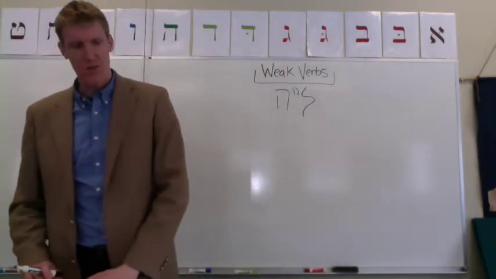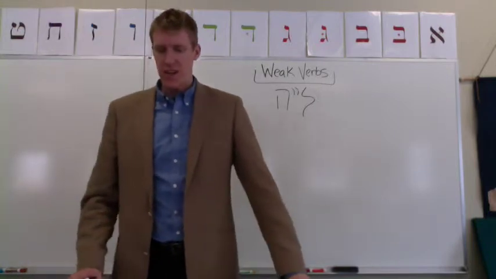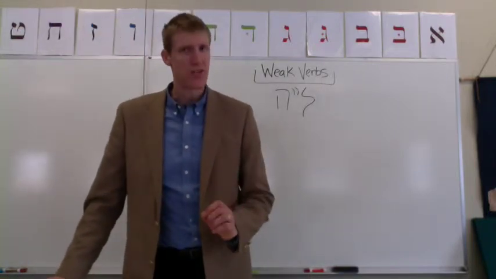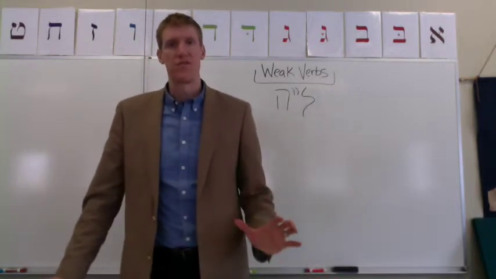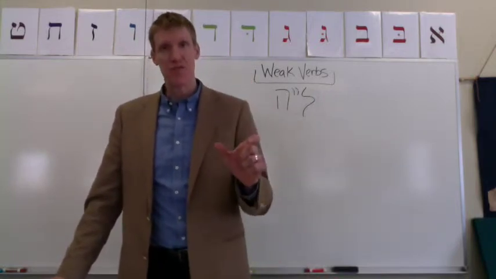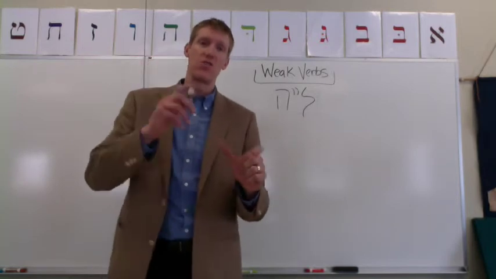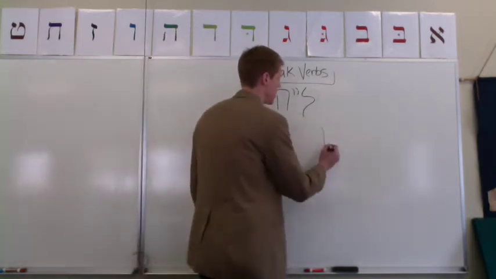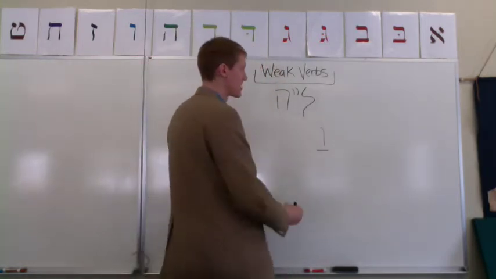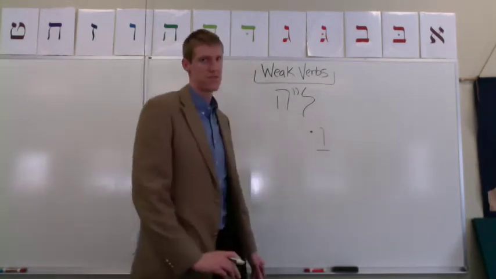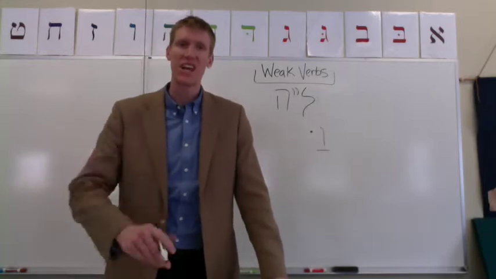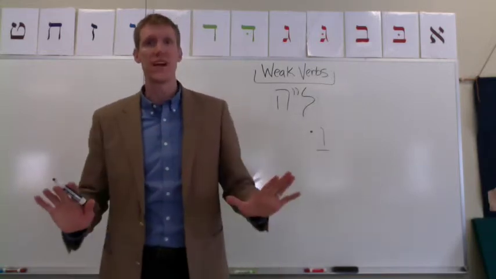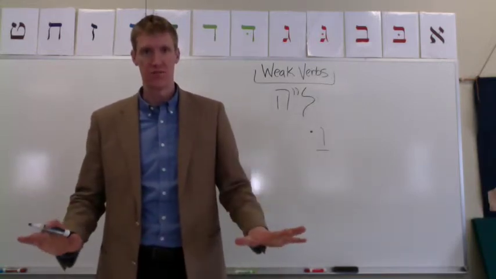Okay, moving on to number 2. The second point that the author makes is an important one to remember. In the vav consecutive form, so vav consecutive again is an imperfect form onto which you place a vav, followed by a patach and a dagesh forte in the prefix, because it's imperfect, so it's going to have a prefix. In the vav consecutive, the hey always drops off.